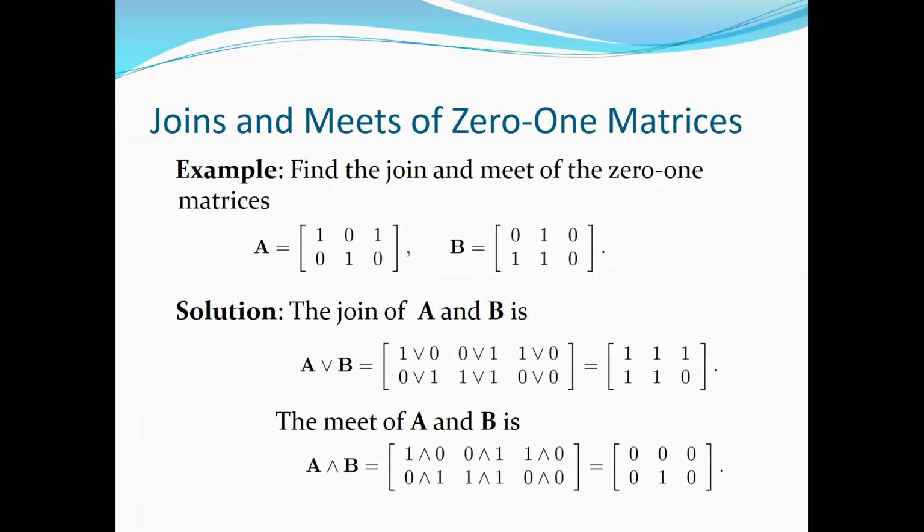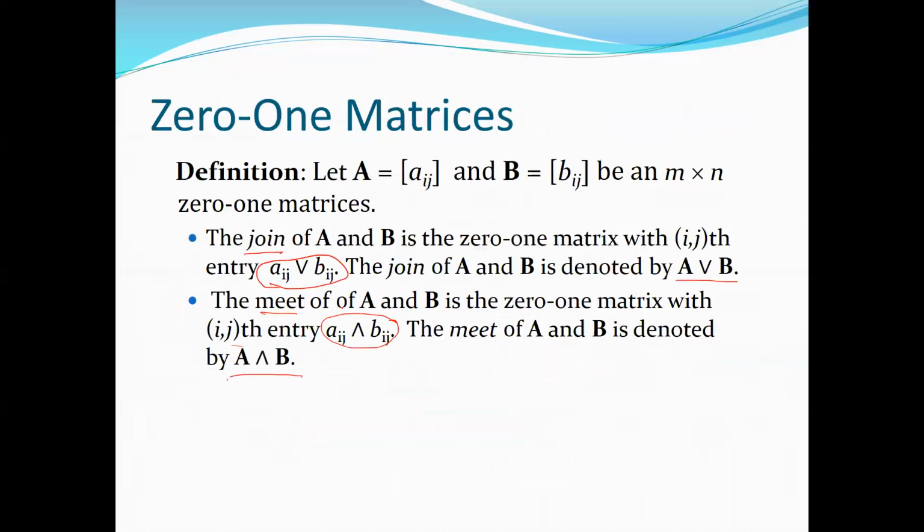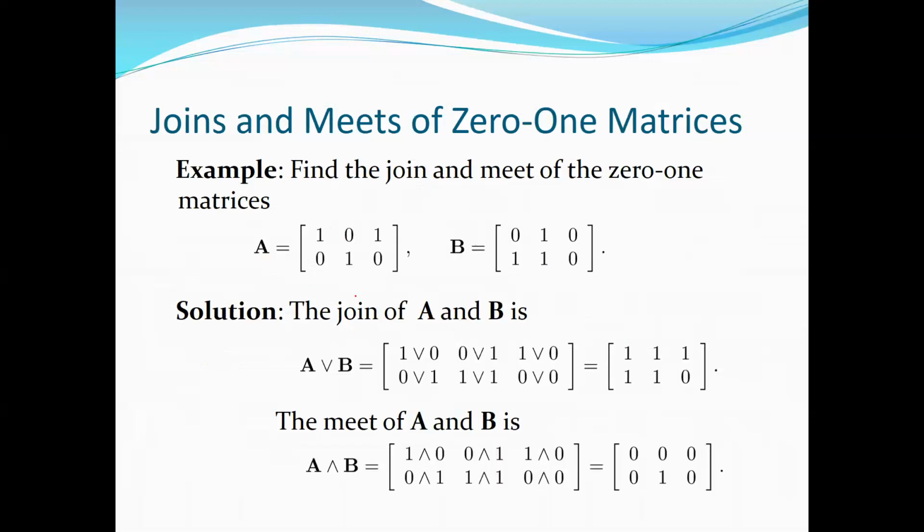So find the join and meet of the 0 1 matrices. So for example, if this is the A matrix, a 0 1 matrix, and B is also a 0 1 matrix. 0 1 means they have either the 0 value or the 1 value in place. So what is the join? If you remember, join is the ORing, right? If we perform the OR operation. So A join B means we will do the OR operation on every corresponding element, right?